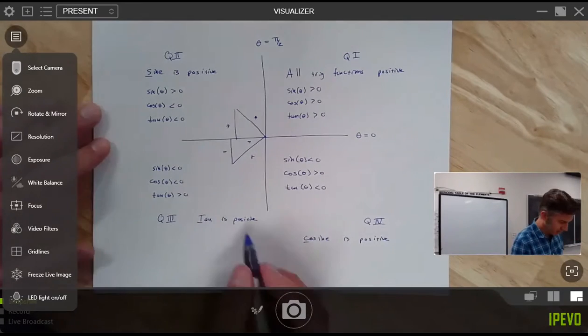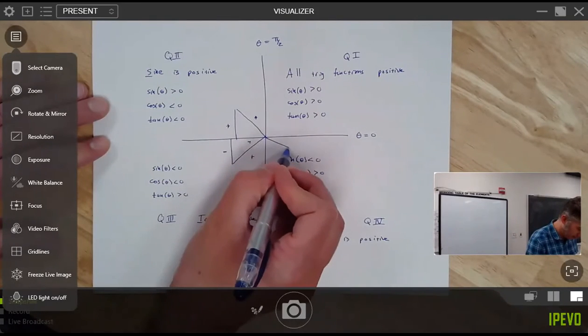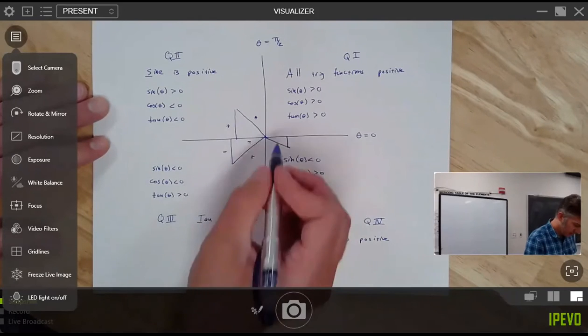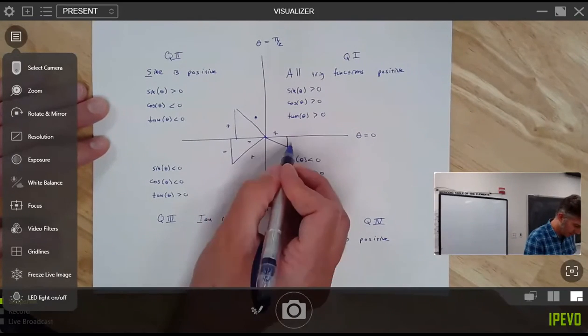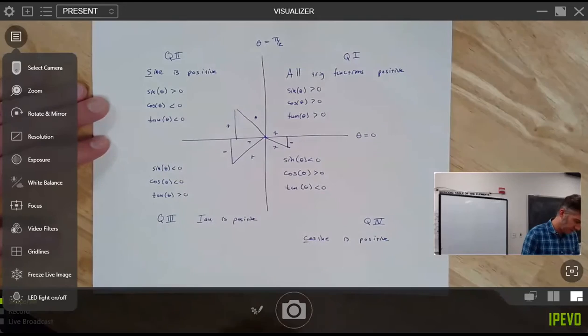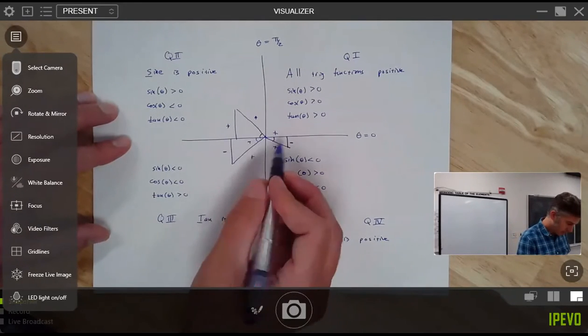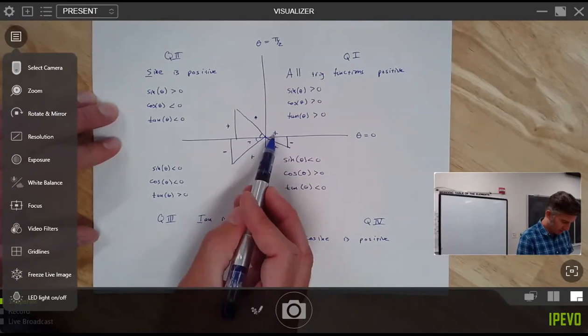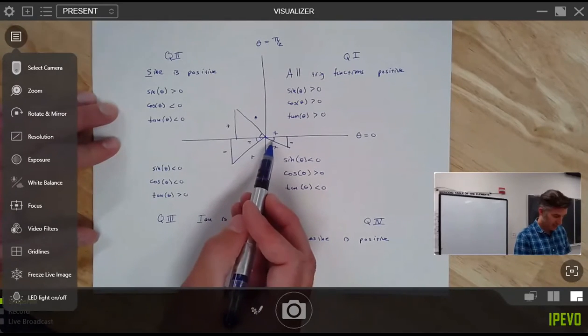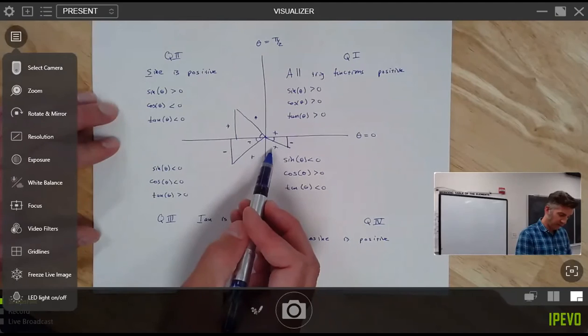For the same sort of reasons as before. If we draw the little triangle, we can see that this side's positive, this side's negative, and this side's positive. So cosine is the adjacent over hypotenuse, that's positive over positive. Sine is the opposite over hypotenuse, it's negative over positive.